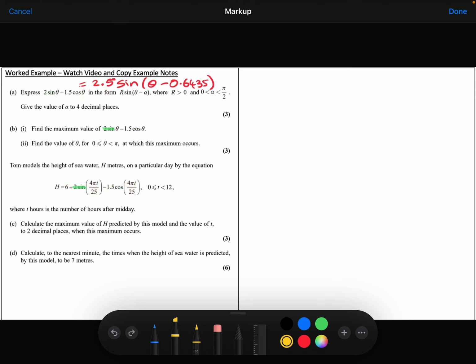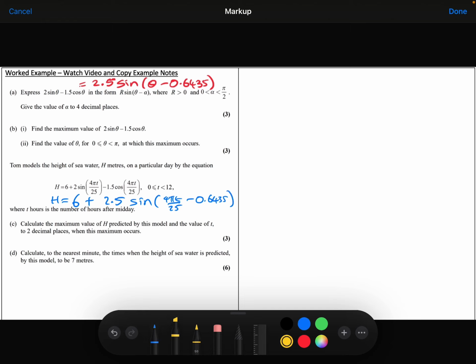So that means then that I can rewrite this equation as h equals 6, I've got the plus 6 at the front. Then, instead of the 2 sine minus 1.5 cos, I can write 2.5 sine of 4 pi t over 25 minus 0.6435.